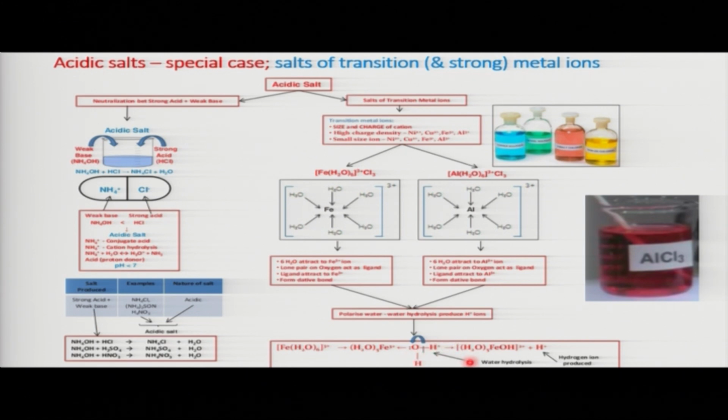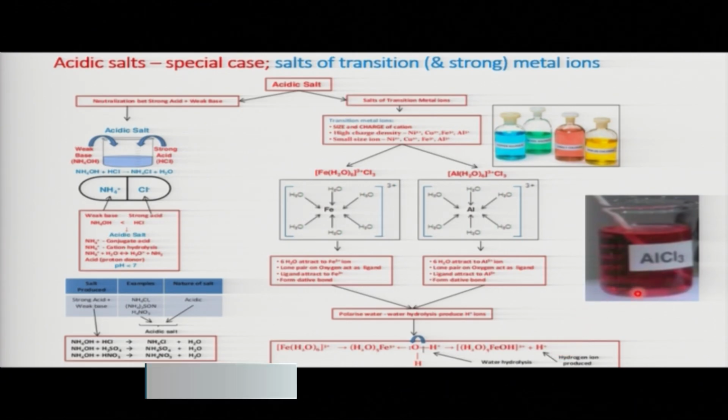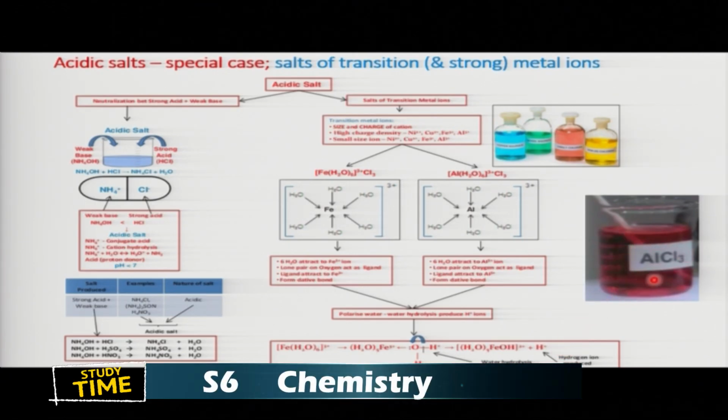In the presence of water, the water molecule will accept the hydrogen, which is positive, forming hydronium ions. All this bond will be broken and set free in the solution, bringing the strongly acidic solution of aluminum chloride.